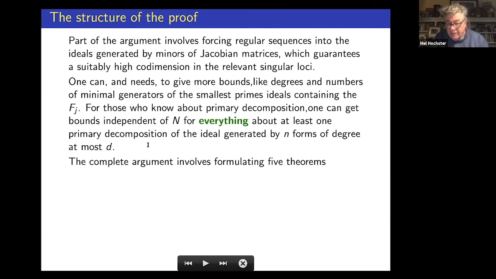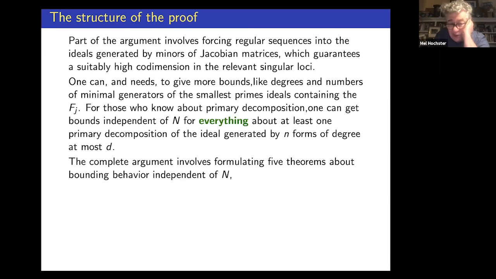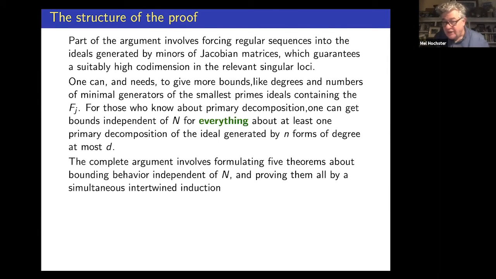So the complete argument involves formulating 5 theorems bounding behavior independent of N, and proving them all by a simultaneous intertwined induction, where you use the fact that you know everything in lower degree to get everything in the next degree. And the induction takes place not over the integers, but over a well-ordered set.